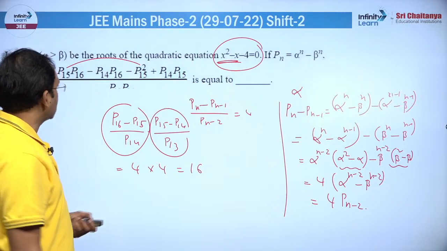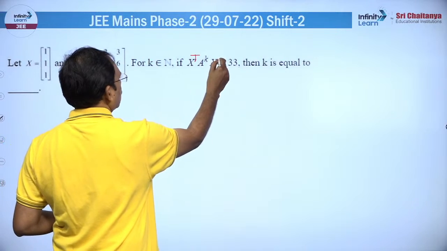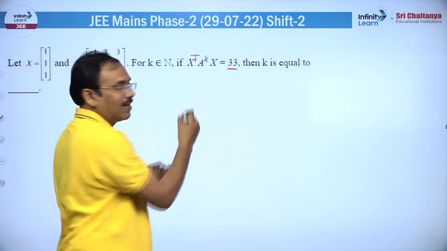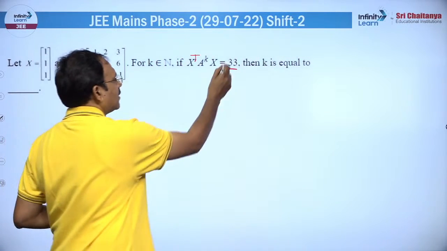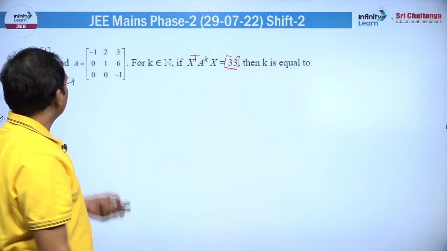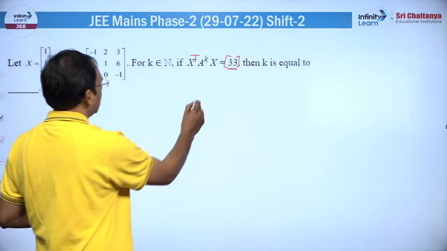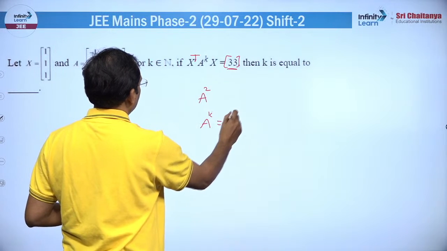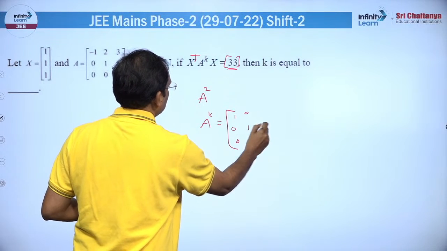Okay. Next, you see, this is a matrix, he has given x transpose x, A power k, x is actually given as 33, a matrix cannot be 33. So, it should be deleted, or else you can suppose it is treated as a 1 by 1 matrix 33. Now you can just check, my dear friends, you will observe here A square, A cube, you just observe, you will get A power k, you will get like 1 1 1 0 0 0 0 0 3 k.